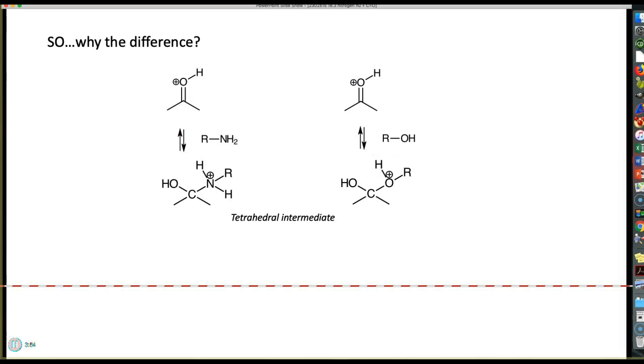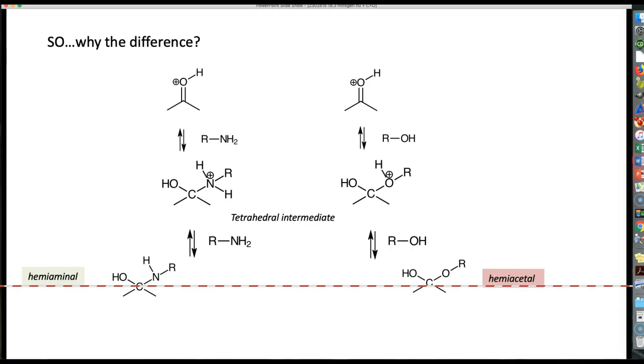Well, one thing this tetrahedral intermediate does is go right back to where it started from. So I want to again emphasize that this is absolutely equilibrium. Just as protonation of the carbonyl to begin with is an equilibrium reaction, so is addition of our nucleophile. But once that tetrahedral intermediate is formed, well, we know what can happen next.